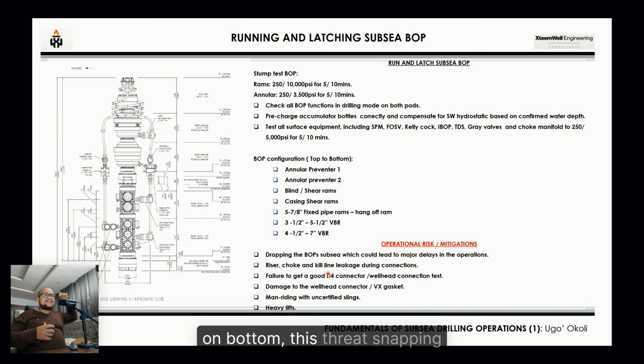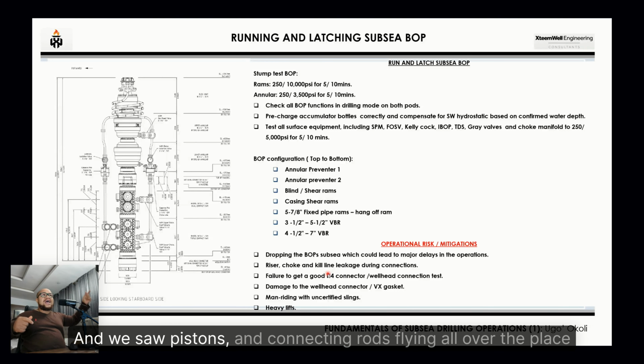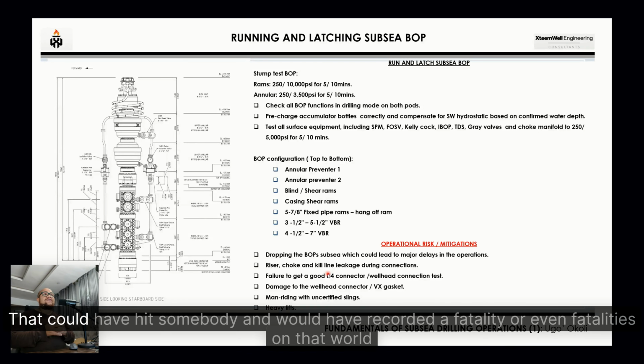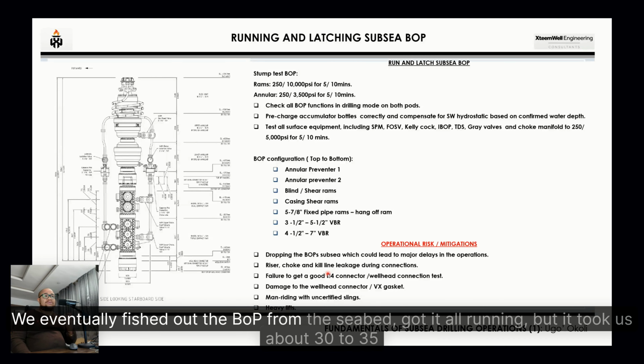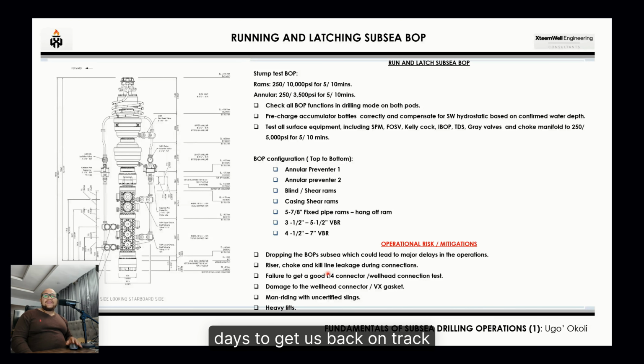They started snapping, and we saw pistons and connecting rods flying all over the place. That could have hit somebody and would have recorded a fatality or even fatalities on that well. But we were lucky nothing happened. We eventually fished out the BOP from the seabed and got it all running, but it took us about 30 to 35 days to get back on track.